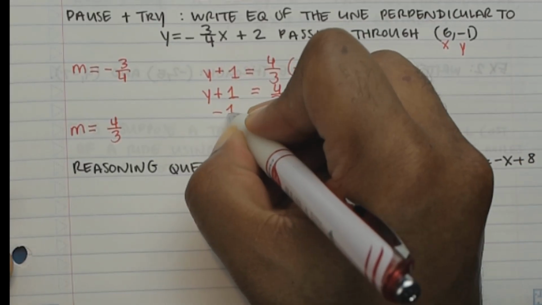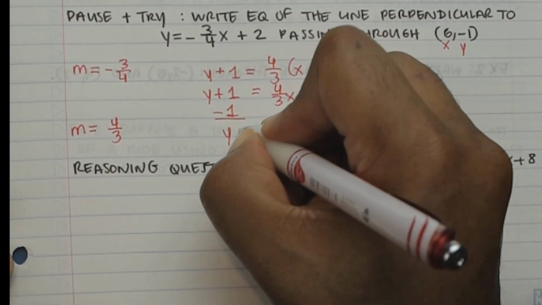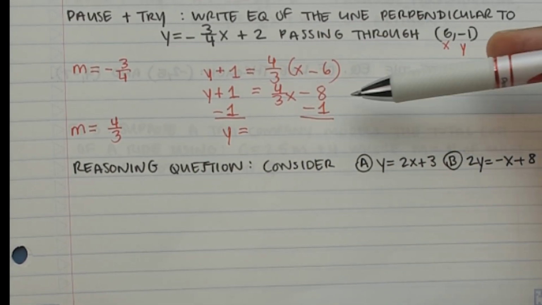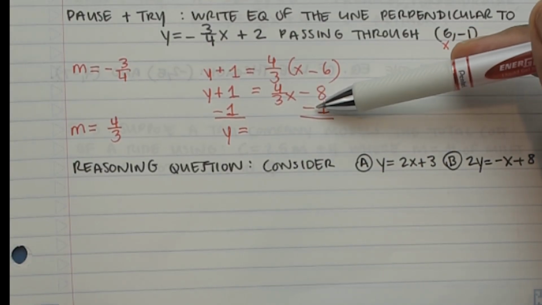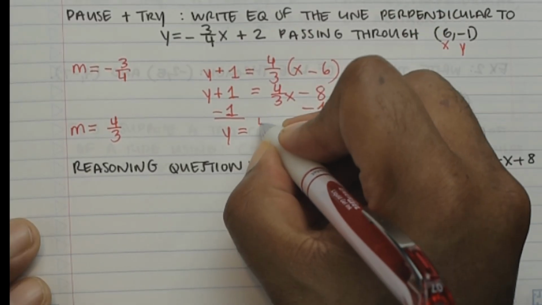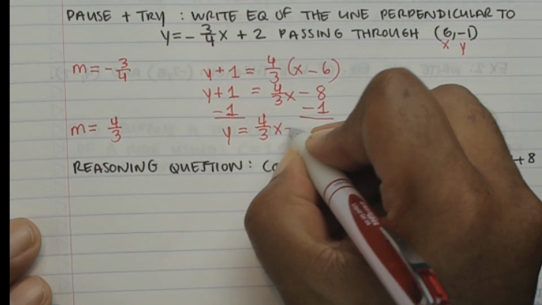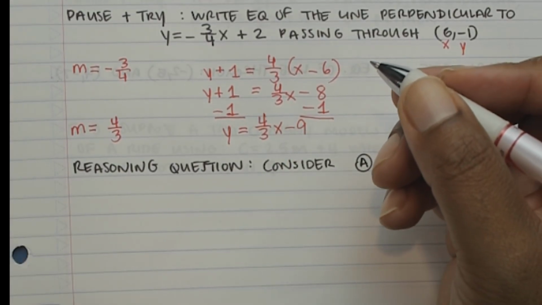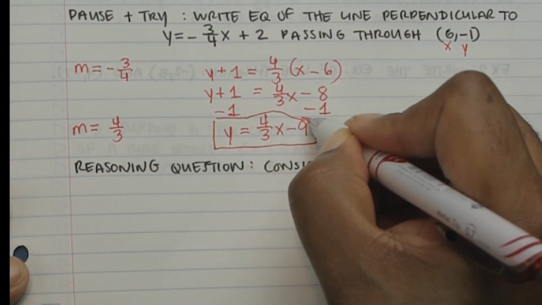And we're going to subtract 1. Now over here, you want to be very careful because we have negative 8 minus 1. We have y equals 4/3 x minus 9. So that would be our final equation.